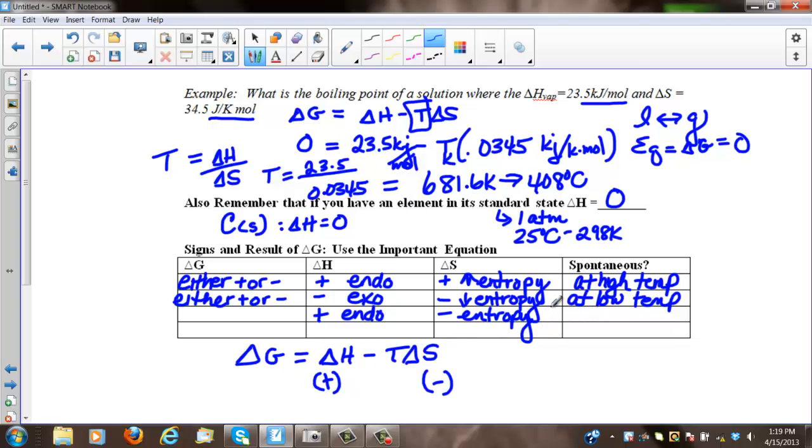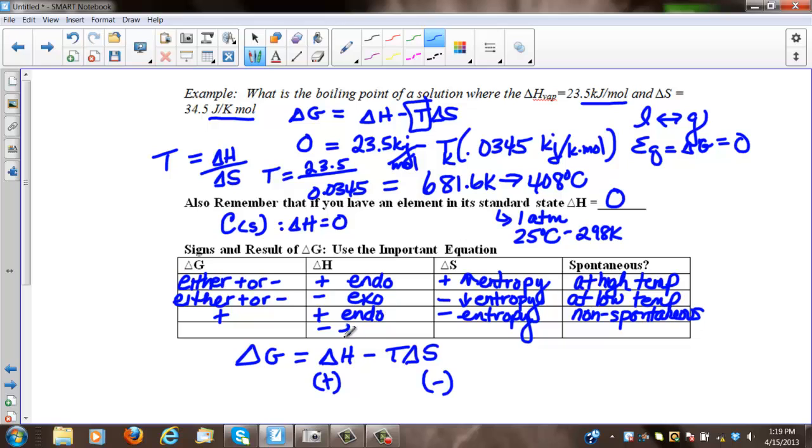Then my delta G will be non-spontaneous because I'll come out with a positive answer. So no matter what I do, I'm going to add the T delta S product to delta H. So I'm going to wind up with a positive delta G.